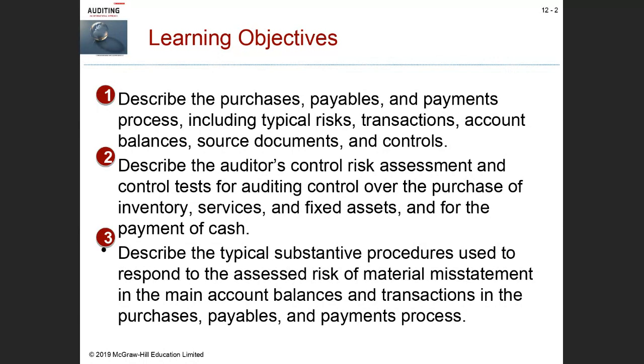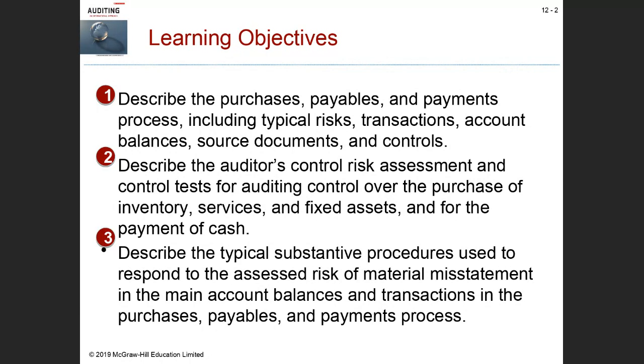And as we've discussed previously, substantive procedures consist of tests of detail. That's when we're going to use source documents to verify information. And then analytical procedures, essentially where we're doing ratio analysis, comparing balances this year to last year, this quarter to last quarter, etc. Okay.